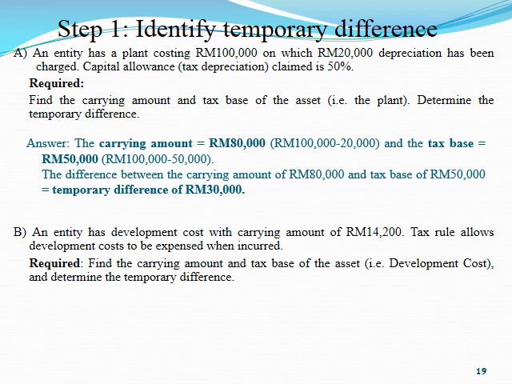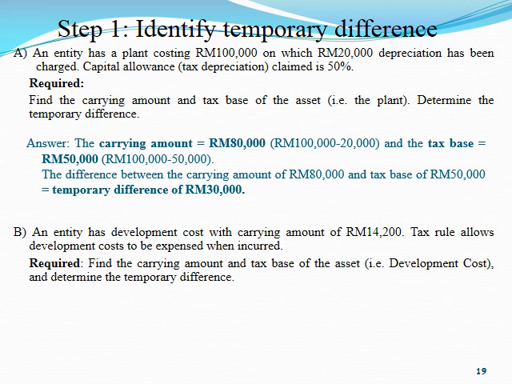Next, B. An entity has capitalized development cost with a carrying value of Rm 14,200. Under the tax rule, development costs are allowed to be expensed when incurred rather than capitalized.